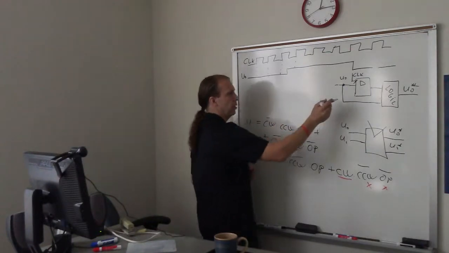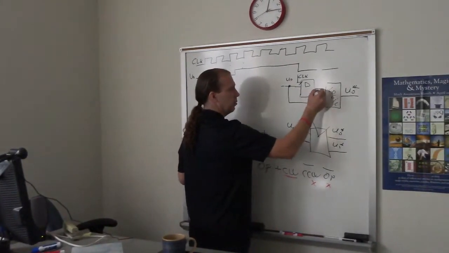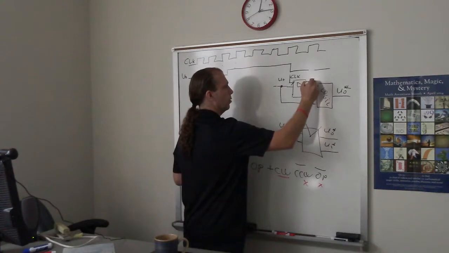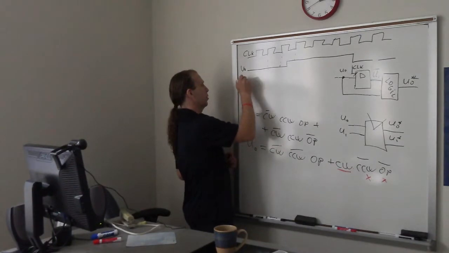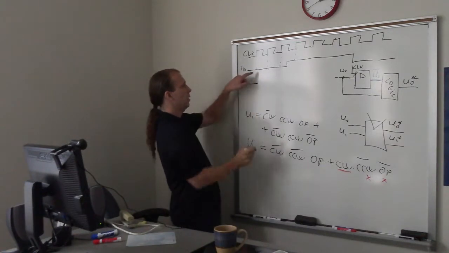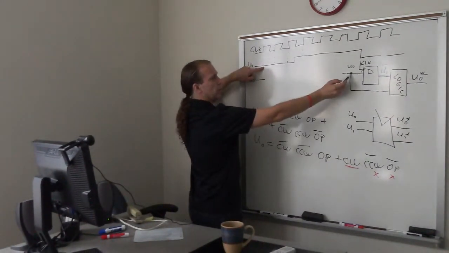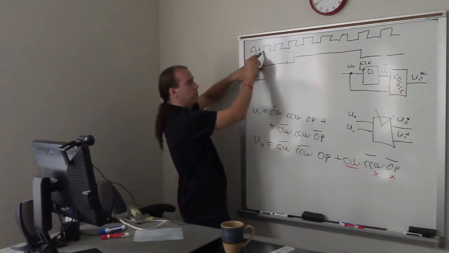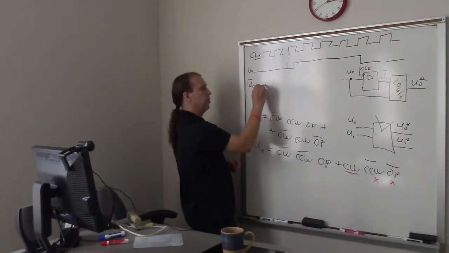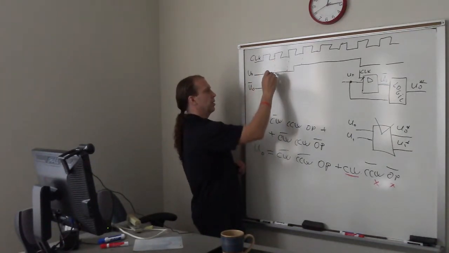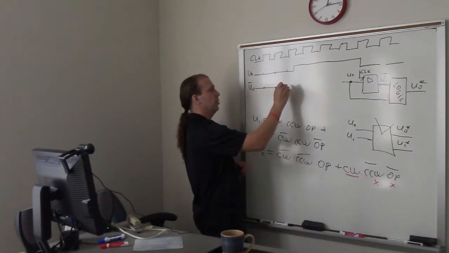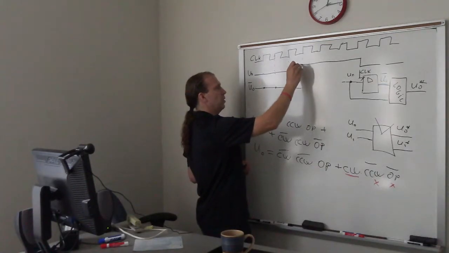And let me call this intermediate signal U0 bar. So U0 bar will have 0, and then it will read the value of the input U0 at the rising edge of the clock. So it is 0, it will remain 0 until the next rising edge of the clock. Here it will read it again, and again 0 till the next one. 0 again, and here it will read it as 1.